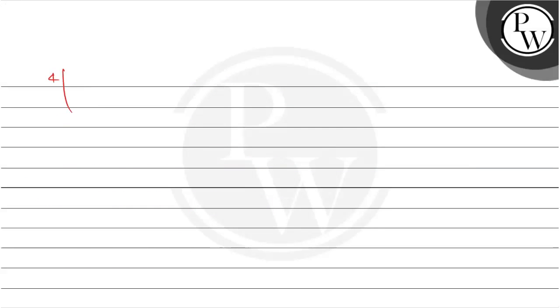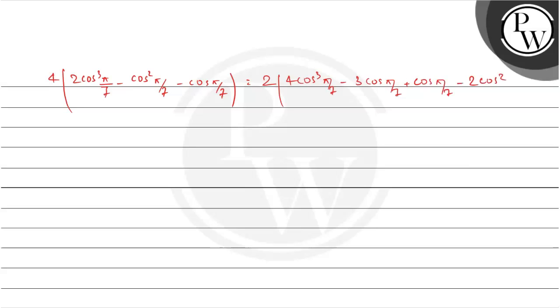Equation 4 times of 2 cos cube pi upon 7 minus cos square pi by 7 minus cos of pi upon 7 can be rewritten as twice of 2, rather 4 cos cube pi upon 7 minus 3 times cos of pi upon 7 plus cos of pi by 7 minus 2 times cos square of pi upon 7.